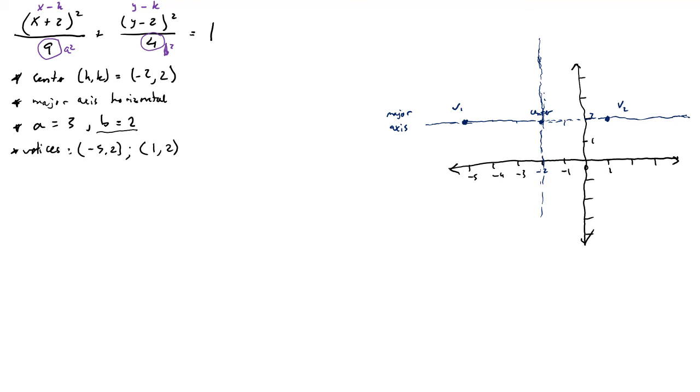Okay, so this right here is our minor axis. And B is equal to 2, so we're going to go 2 points up here. So right there is the first point on the minor axis, and if I go down 1, 2, right here is the other point on the minor axis.